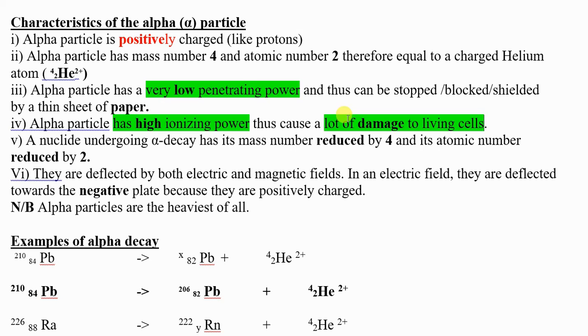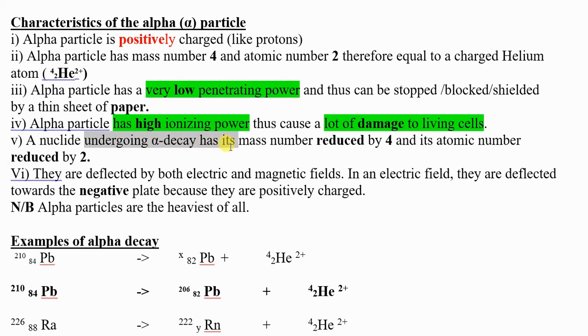Actually, they use gamma, because it has a very, very low ionizing power, as we shall see later. Very important to note that alpha particle has a very high ionizing power, thus causes a lot of damage to living cells.